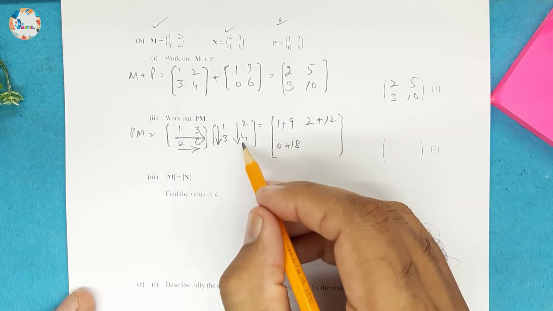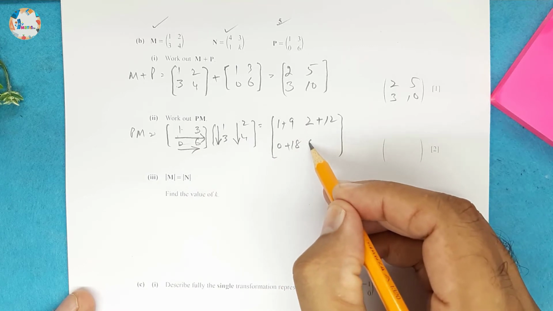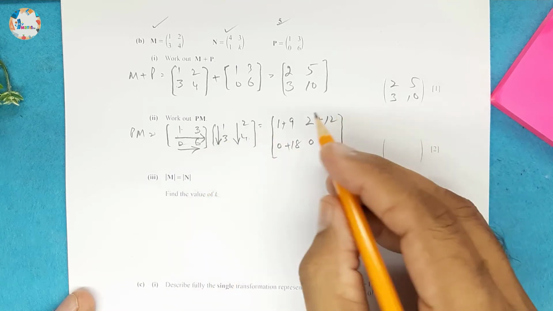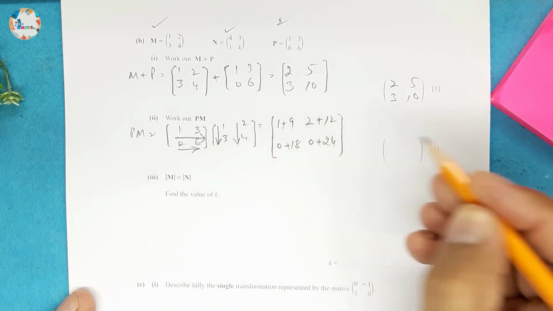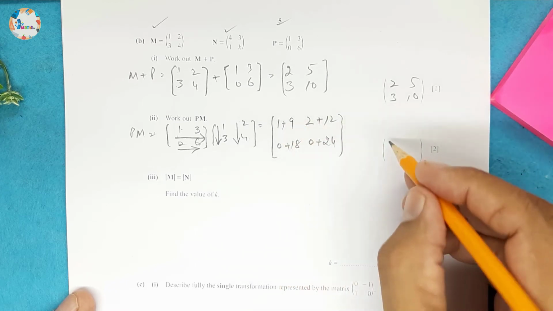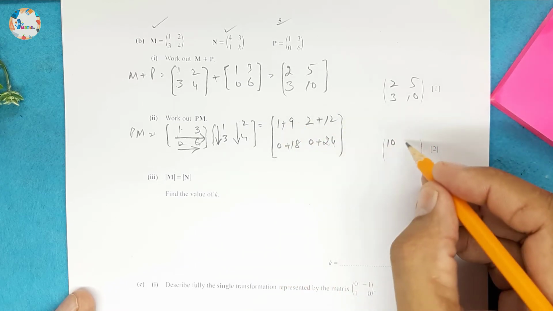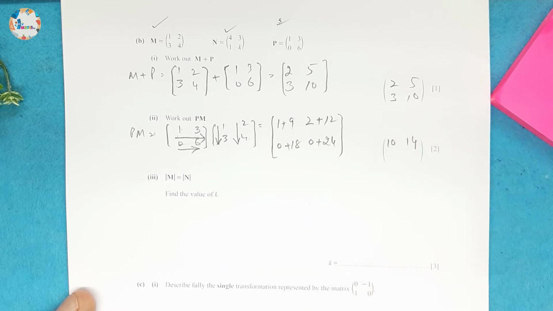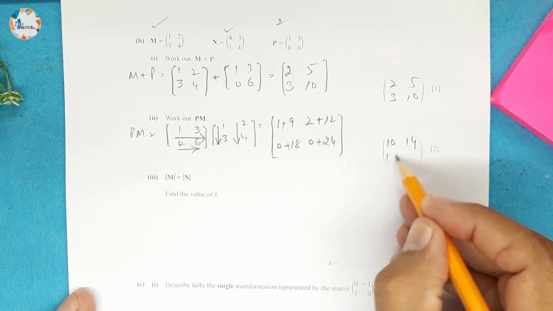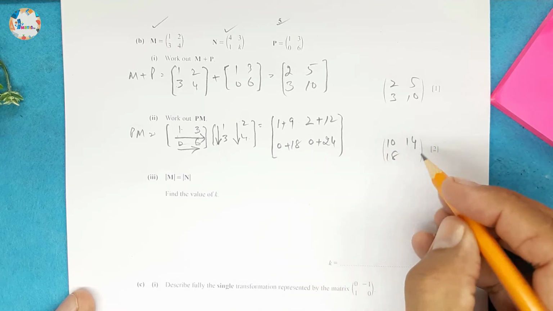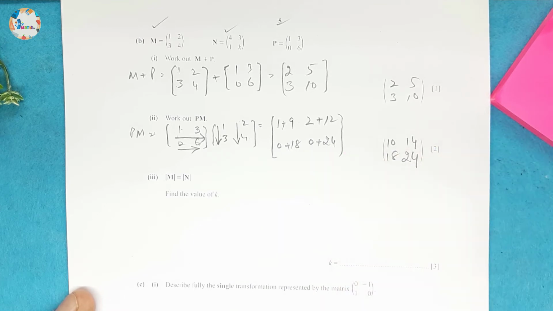And for second row, second column, 0 into 2 will be 0, and 6 into 4 will be 24, plus 24. So this will be 1 plus 9 will be 10, this will be 14, and then next will be 18, and this one will be 24. This will be our final answer.